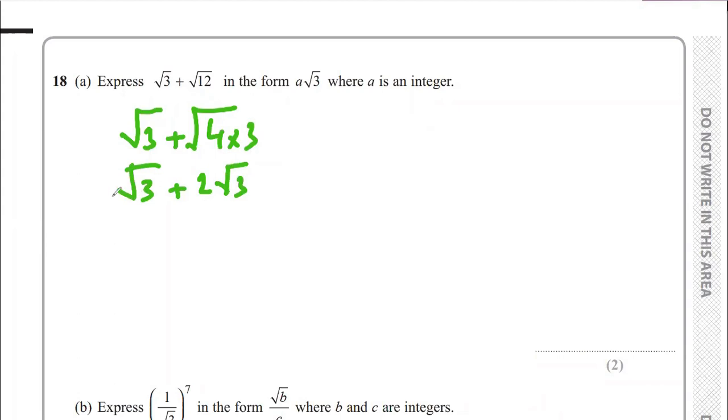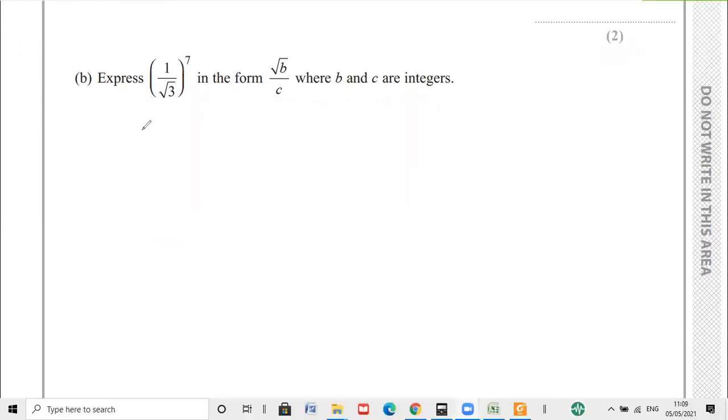This is 1 lot of root 3 plus 2 lots of root 3, which is 3 root 3. Yeah, that's the answer.